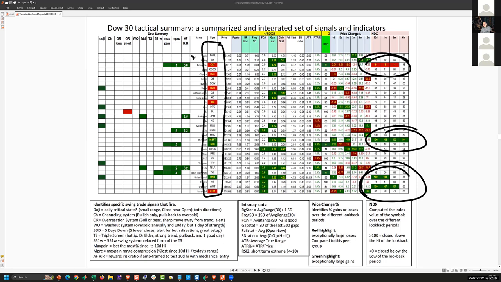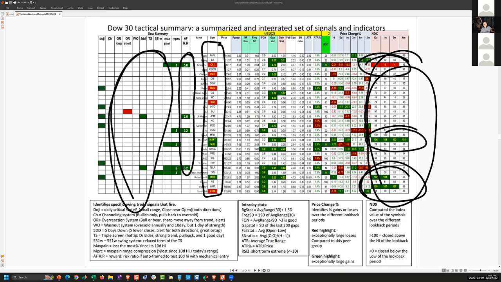What I look for are the auto framers, the exceptional information, the patterns, and then the symbols that are colored red were one-day big percent losers, which I know because I look at the one-day performance percentages, the max and the min.